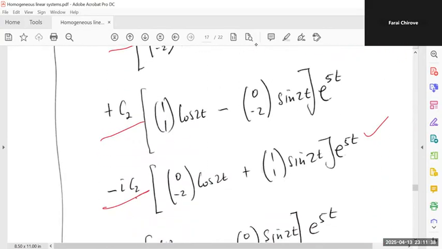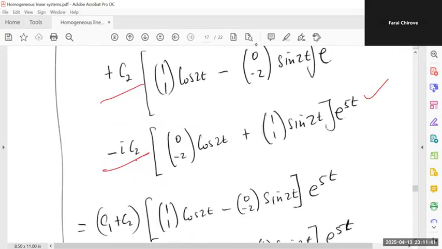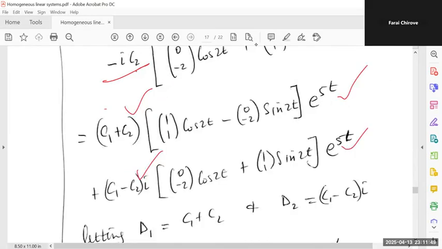So if I do that, I end up with the real parts together and the imaginary parts together. So I'll then choose these to be constants, call it D1, and another constant, D2, in such a way that this will actually be real valued.